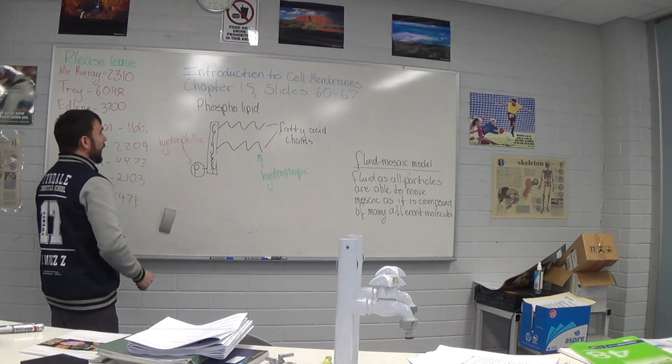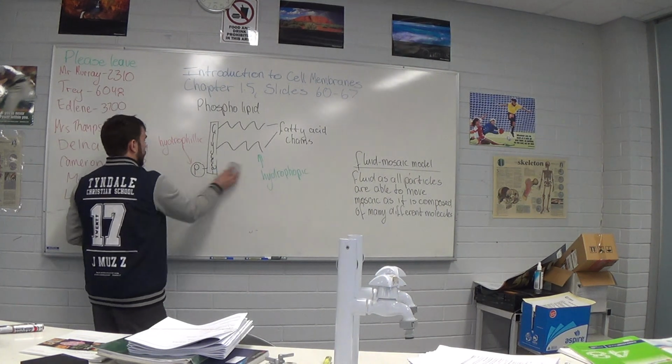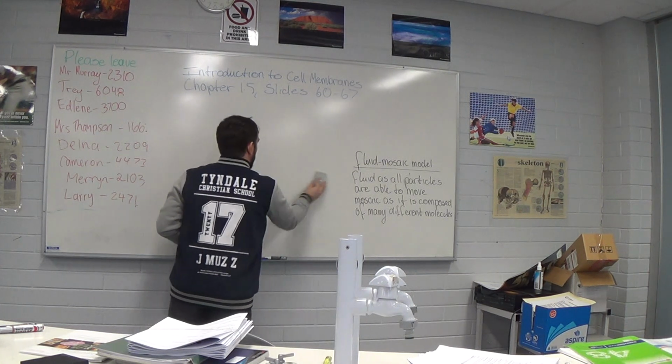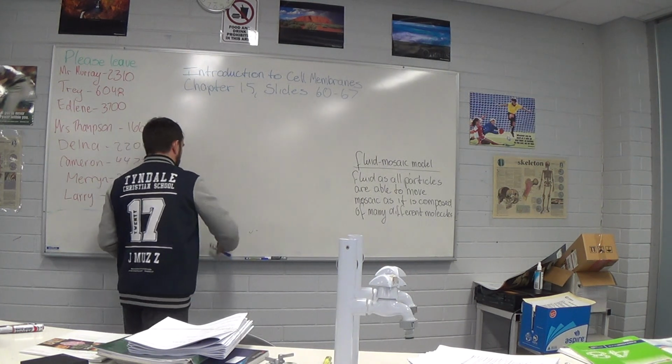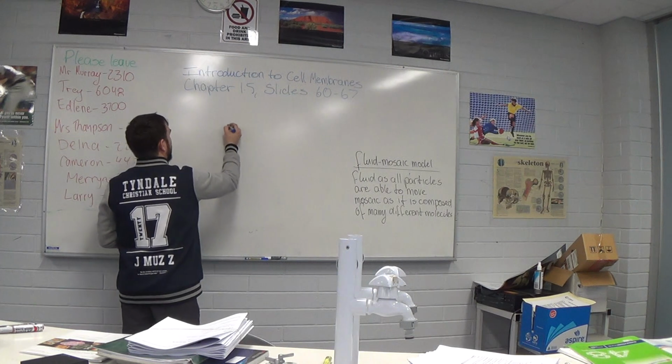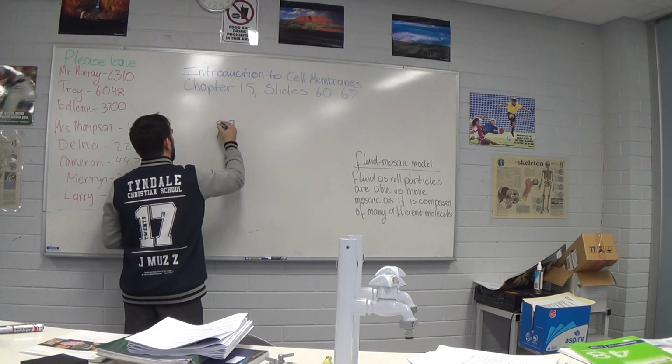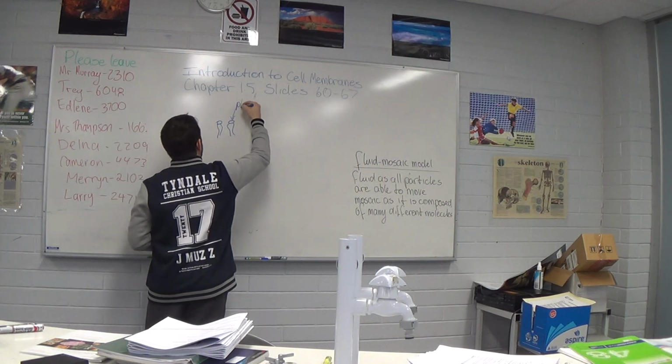What this ends up meaning, so this is our general diagram of our phospholipid. Now I use this term that the cell membrane is a phospholipid bilayer. So if we simplify our diagram here, each of these just represents a phospholipid.